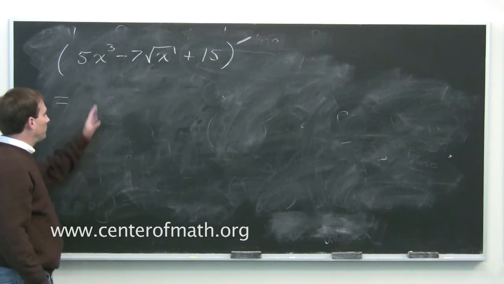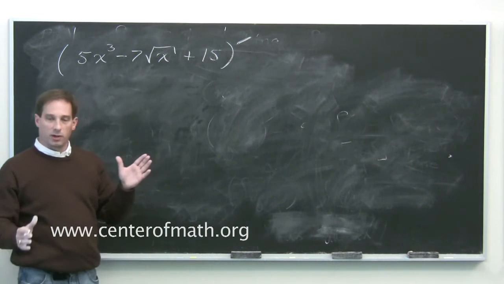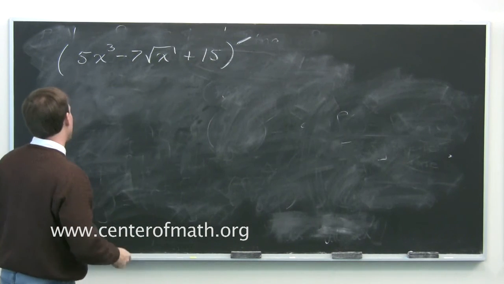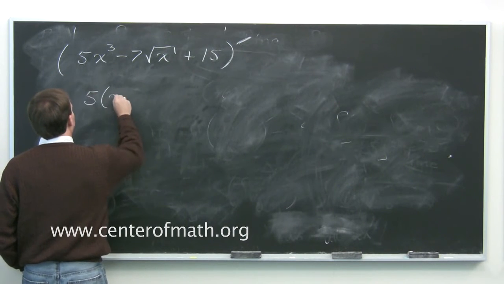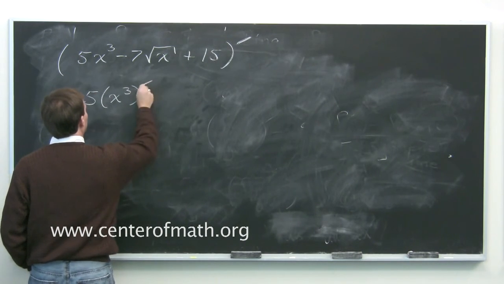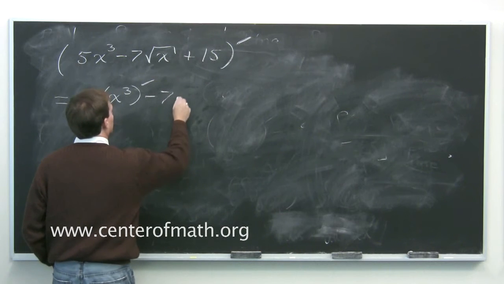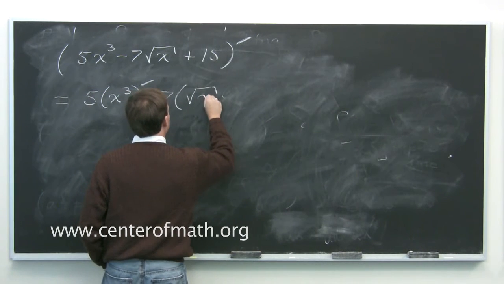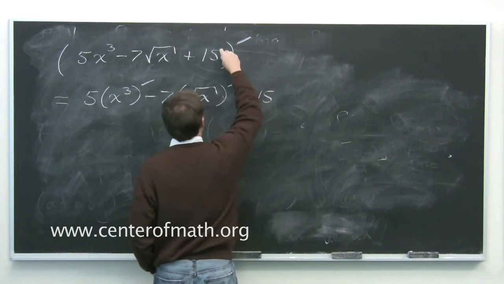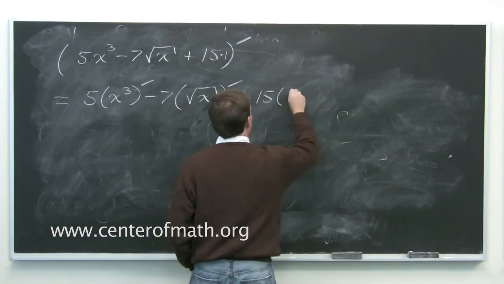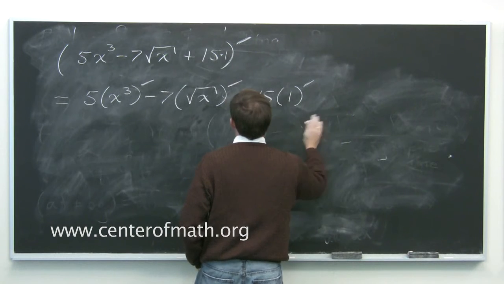By linearity applied twice, you can split up the sums and pull out the constants. What does that mean? It means that this is the same as 5 times whatever the derivative of x cubed is, minus 7 times whatever the derivative of the square root of x is, plus 15 times, think of this as 15 times 1, 15 times whatever the derivative of 1 is.